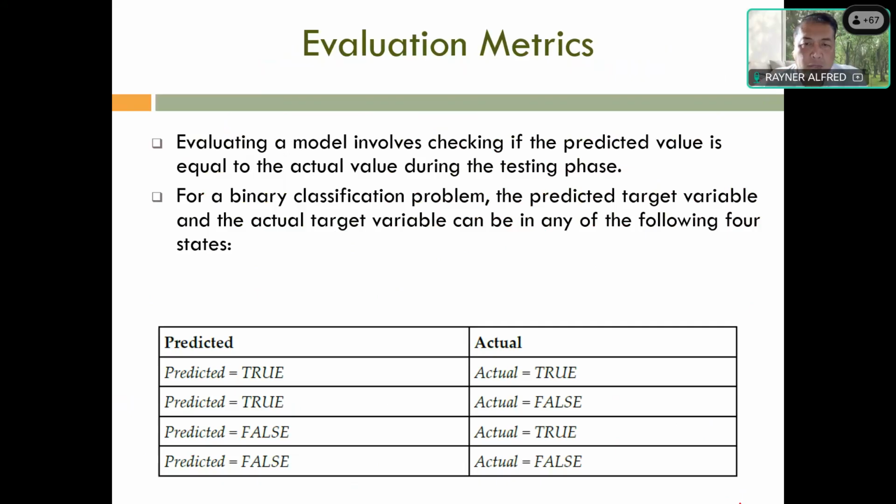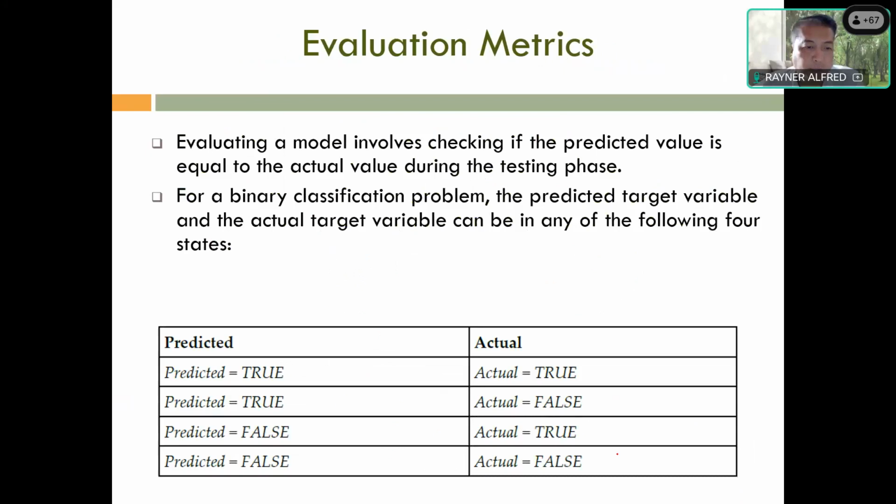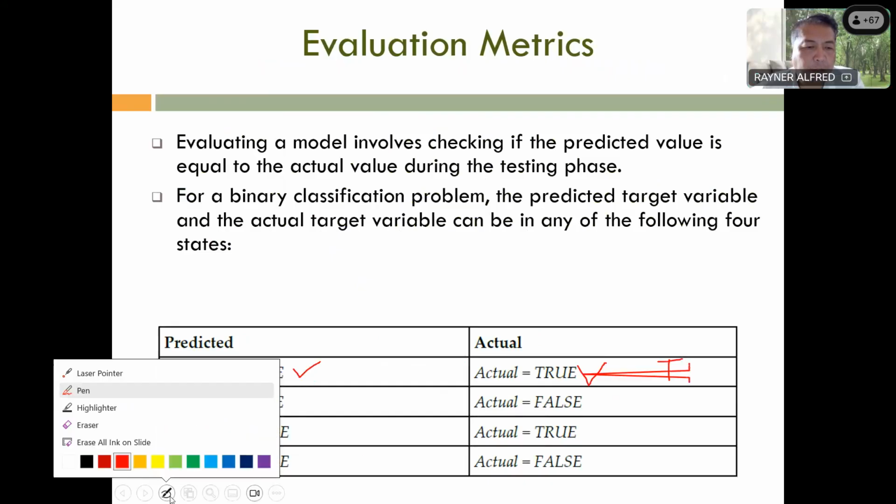Okay, and of course, this is how we evaluate our model. This is your predicted value, and this is your actual value. If your predicted value is true and the actual is true, basically they match. So this is what we call true positive, because they match.